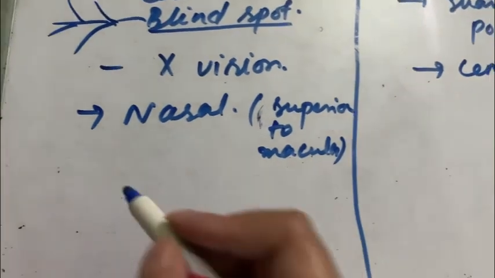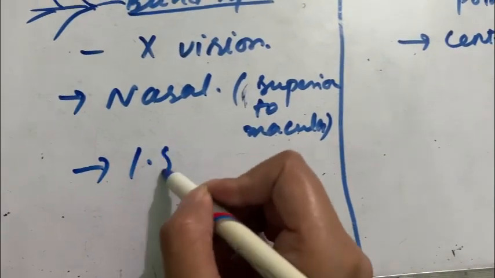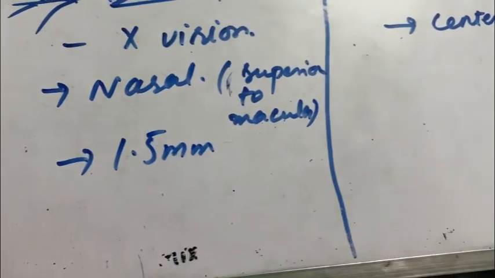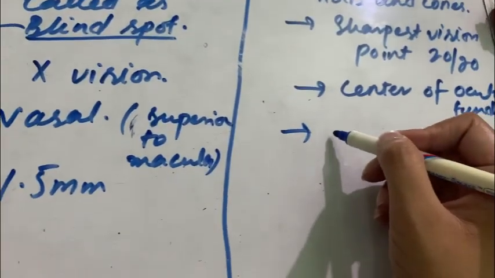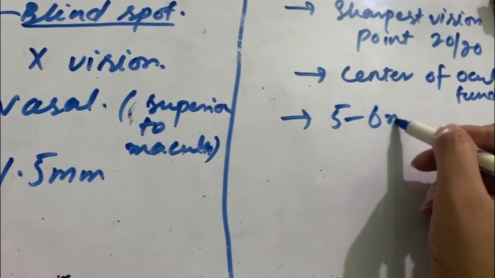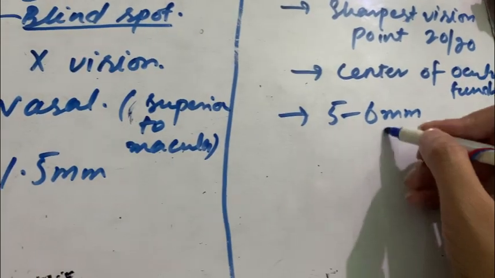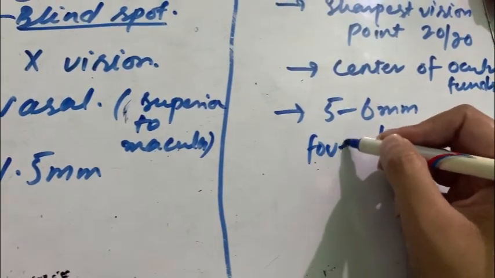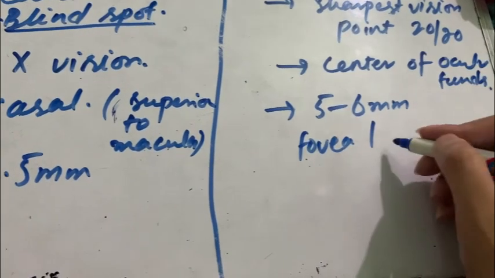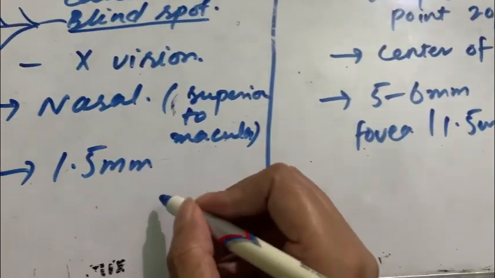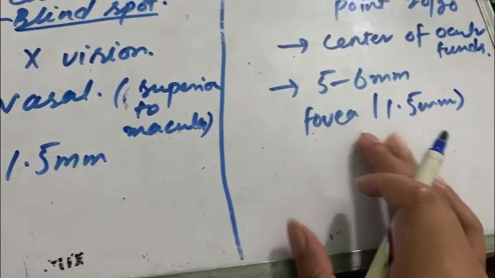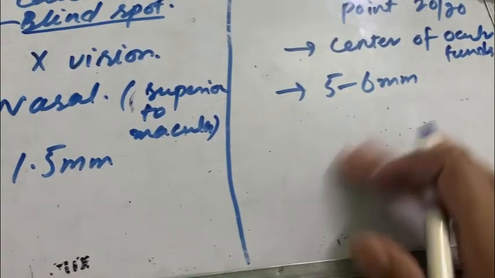The next one is size. The size of the optic disc is 1.5 mm, while the size of the macula is 5 to 6 mm. But the size of the fovea inside the macula is the same as the size of the optic disc, but here we are talking about differences, so we won't consider it.